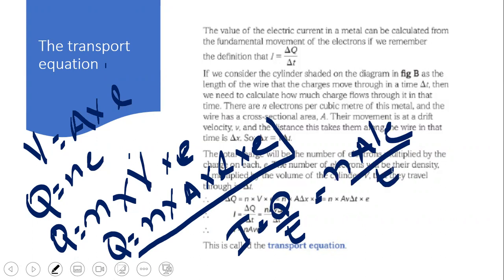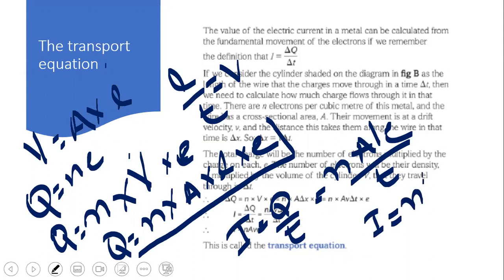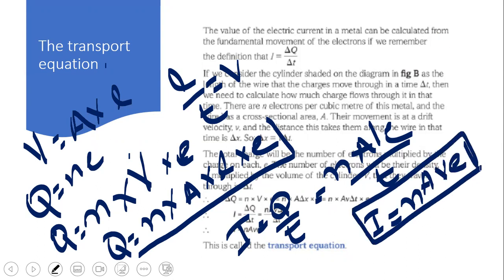Now, we know length divided by time is equal to velocity. The length of the cylinder is the distance covered by the electrons. So length upon t can be replaced by velocity. So our equation becomes I = nAve. And this is our transport equation.